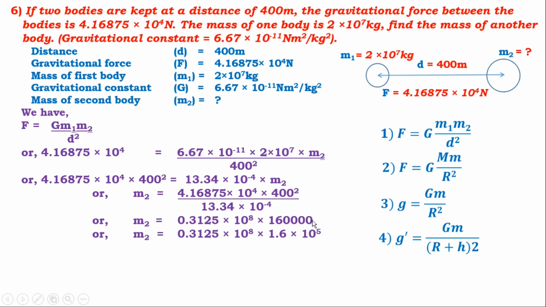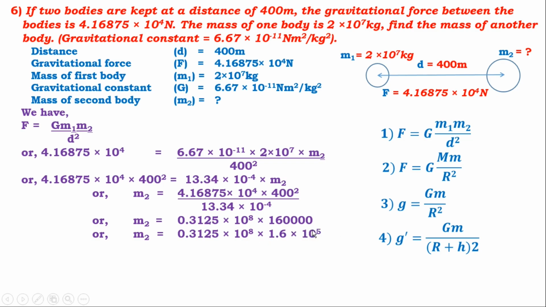Means how many digits left hand side? 1, 2, 3, 4, 5 digits left hand side, and it comes between 1 and 6. If it is so, then we can write 1.6, but how many digits is this decimal point shifted to the left hand side? 5 digits. That's why we have to multiply this 1.6 with 10 to the power 5.